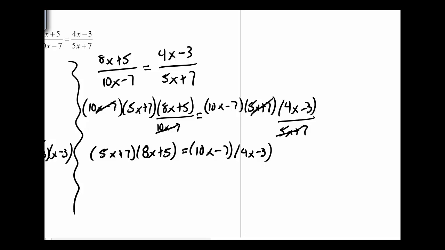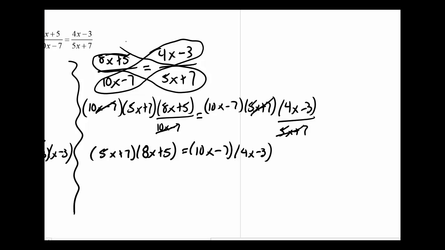Now, let me go back to the original problem. Because it was set up in a proportional setting, we could have just used that rule about cross multiplying. Back in grade school, we used to take two equivalent fractions and cross multiply, and then we end up dividing by something. A little more complicated in this case, but that whole cross multiply idea applies, because we can justify why it's okay to multiply by those two expressions.